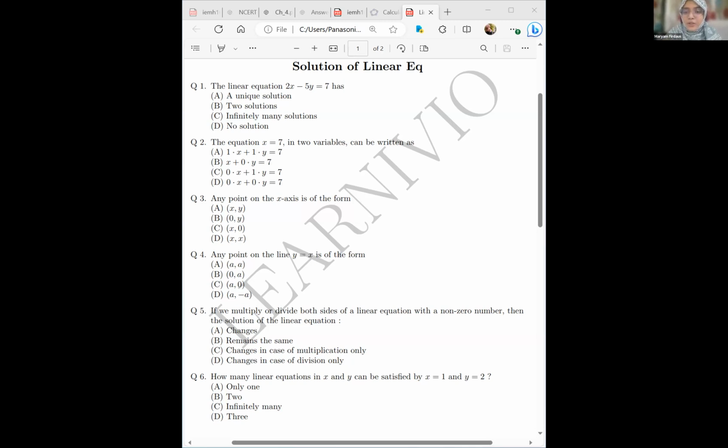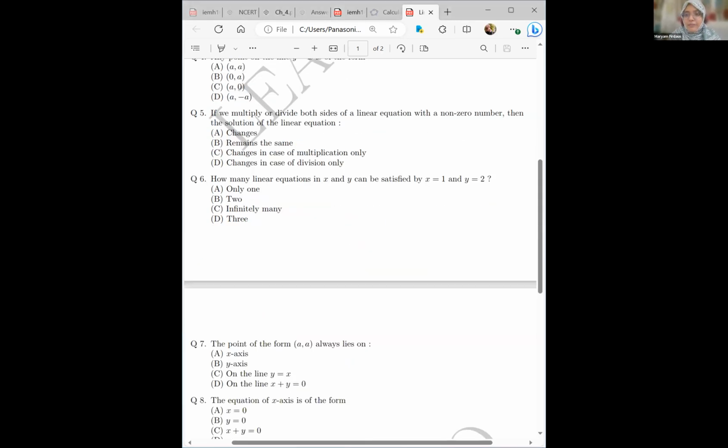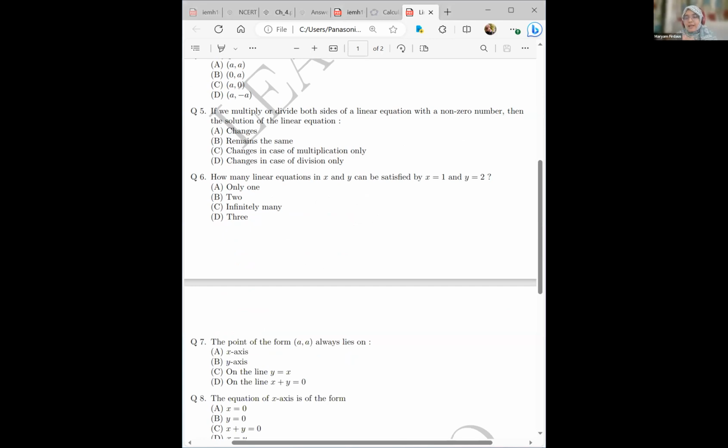How many linear equations in x and y can be satisfied by x equals 1 and y equals 2? Think about it. Abdul Jabbar, you said 1, right? Can you give me an example?